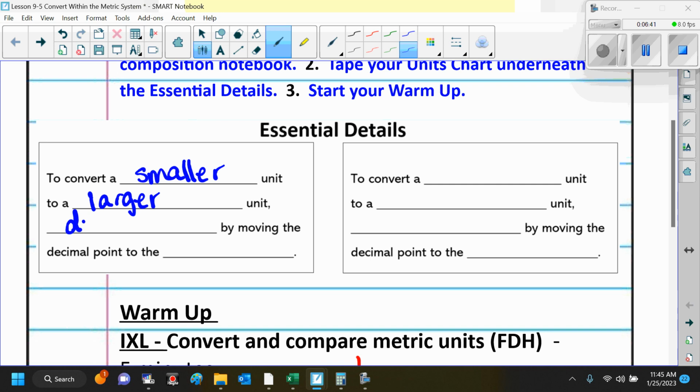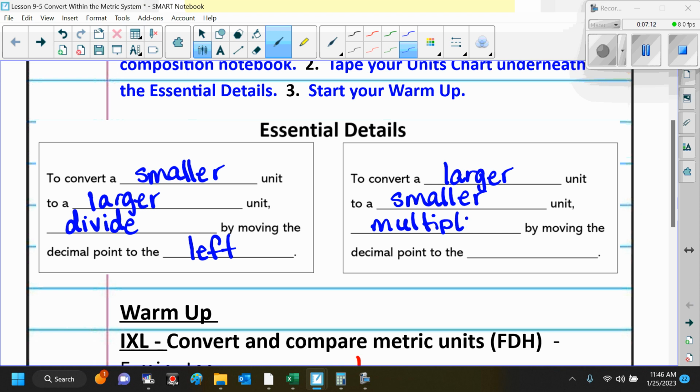Very good. We're going to divide by a multiple of 10 by moving the decimal point to the left. Very good. And to convert, of course, a larger unit to a smaller unit, what operation are we going to do? Right. We're going to multiply by moving the decimal point to the right. Very good. To the right.